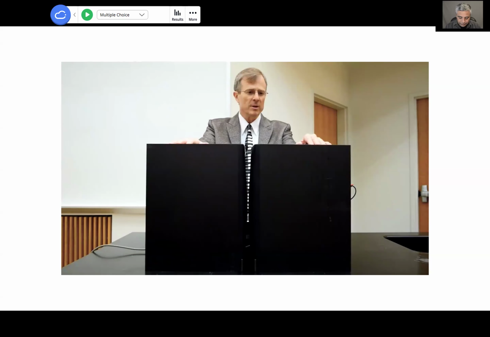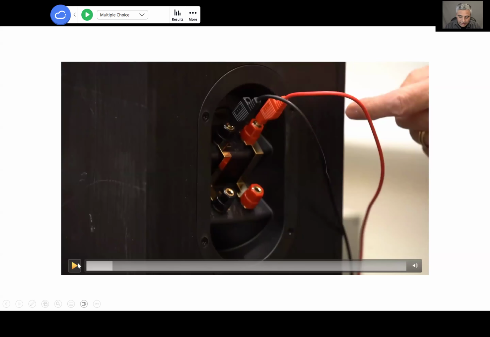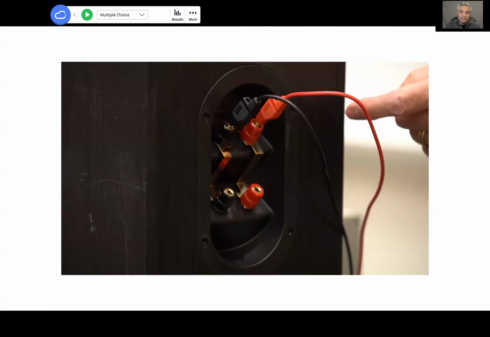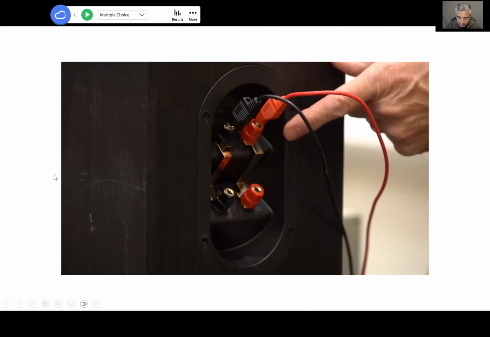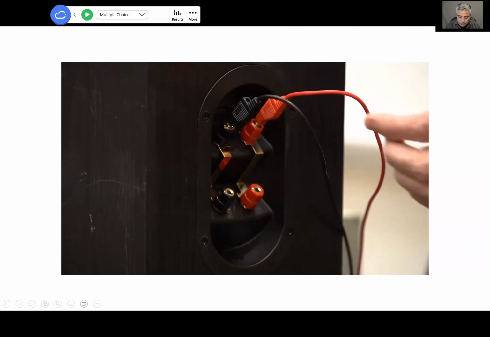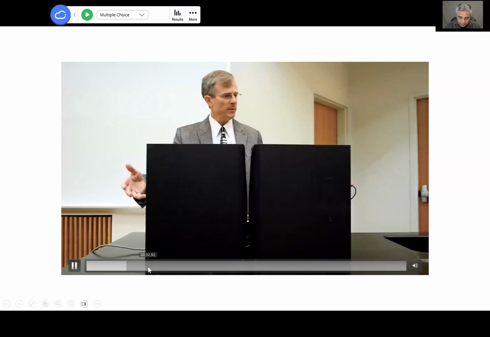It's important to connect the red lead to the red jack and the black lead to the black jack, in the same way on both speakers.